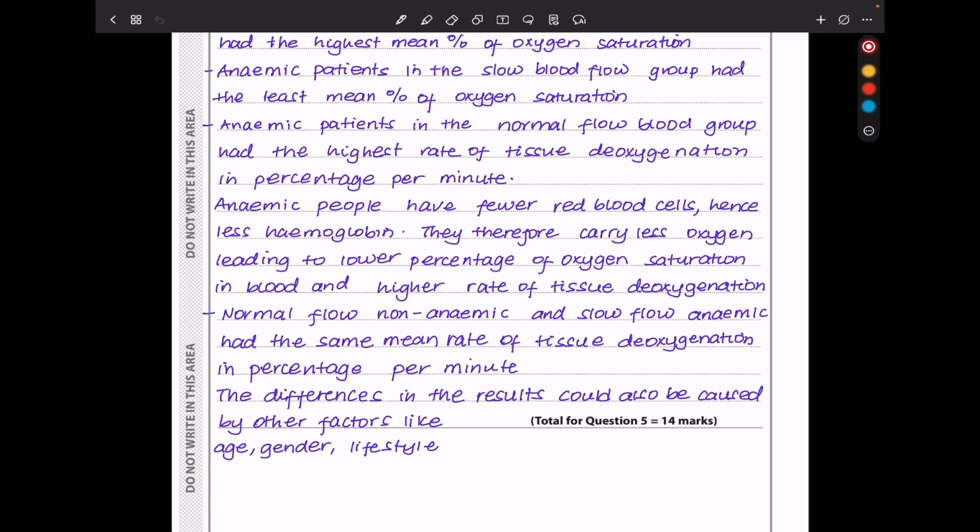The differences in the results could also be caused by other factors like age, gender, and lifestyle. And again here, people who are younger and older have different metabolic requirements in the body, so they could have different percentage saturation of oxygen, or they could require different amounts of oxygen, so that can lead to differences. They didn't tell us their gender, their age, and lifestyle. We might not be able to make fair conclusions about the result we see.